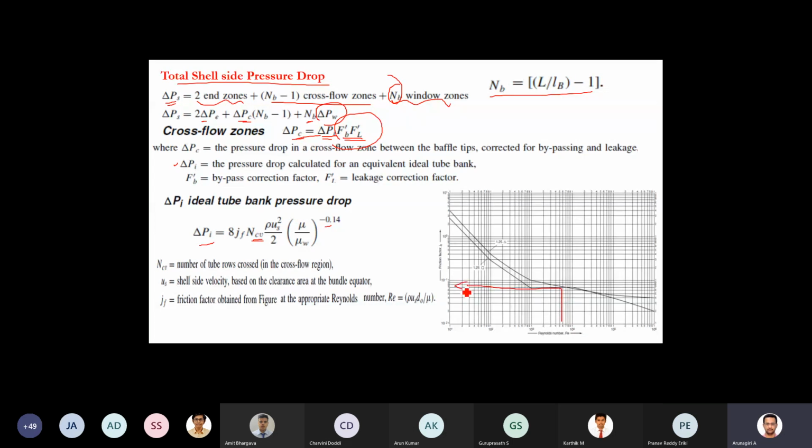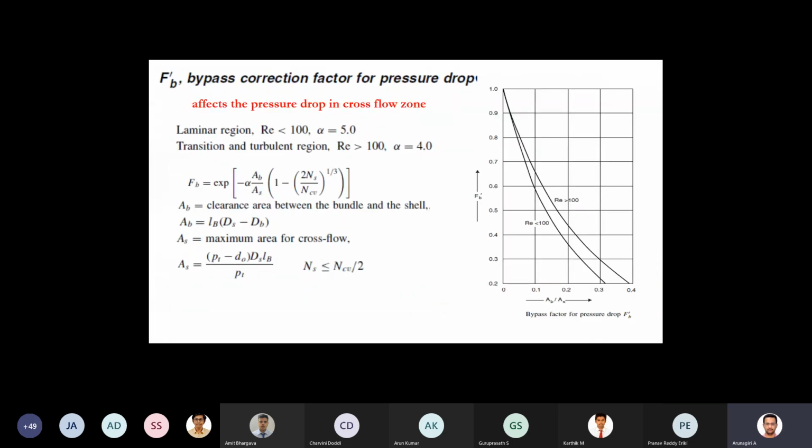Substitute the JF value; NCV we have calculated already. Then you can calculate the delta PI. Here you have to calculate the Reynolds number based on D naught, not D equivalent. That point you should remember. Once you know the delta PI, you have to calculate the bypass correction factor and leakage correction factor. Then you can calculate the cross flow zone pressure drop.